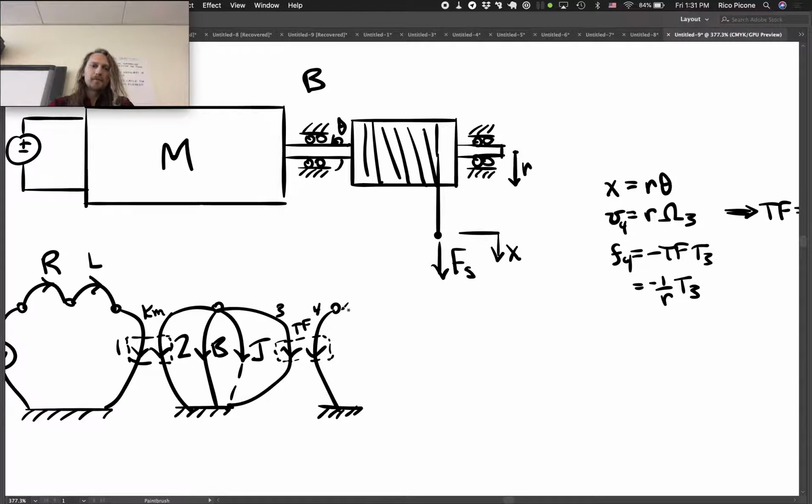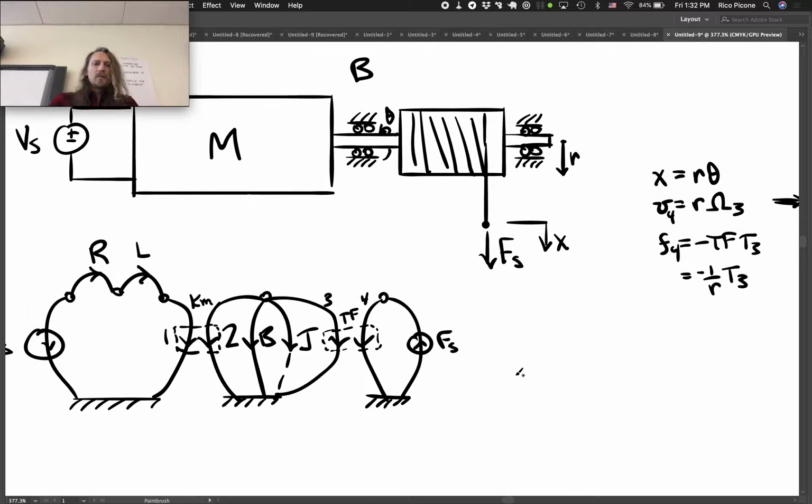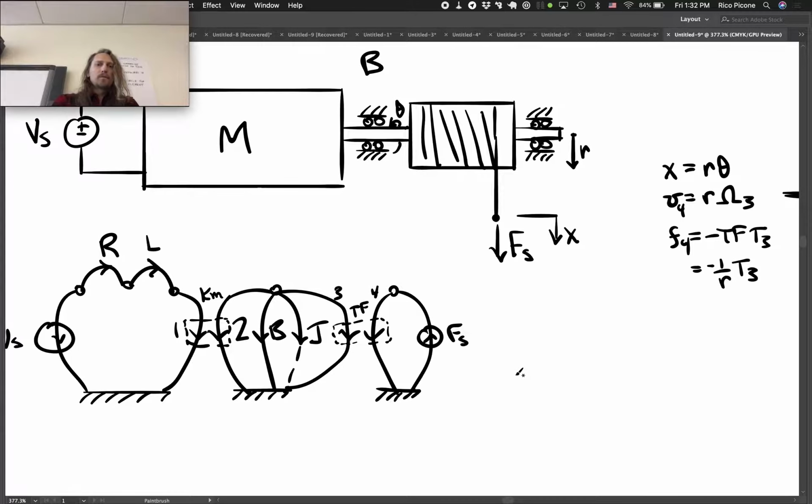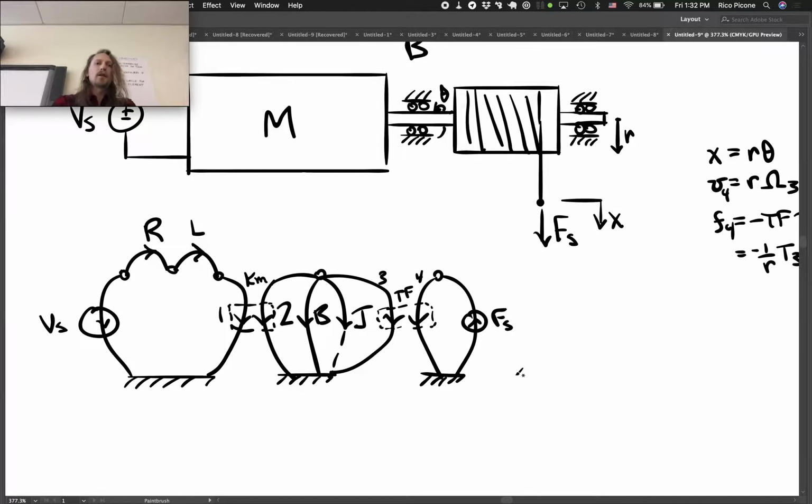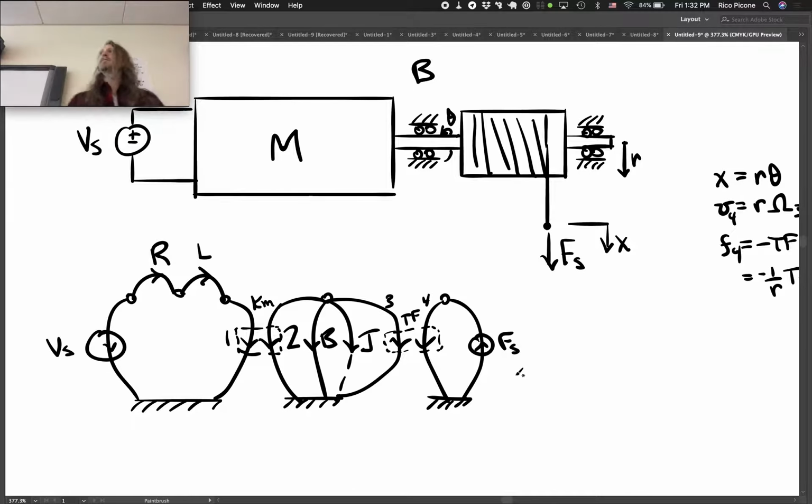That's the way that we're going to model this. So there's a force, and it's in the direction of the coordinate arrow for x. So Fs is pointed towards the node of application. And we are good. We have our linear graph model. Okay.